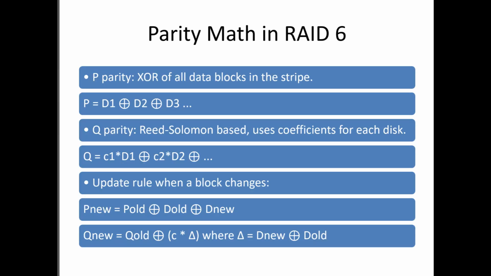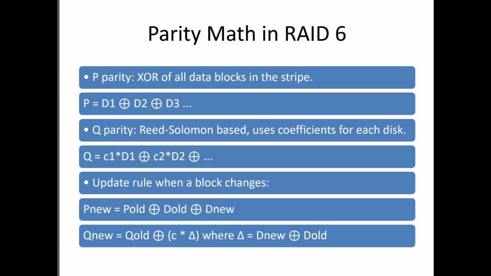So how is P calculated? P is computed as D1 XOR D2 XOR D3 up to Dn, where D represents data blocks on different disks. How is Q calculated? To calculate Q, we just multiply the data blocks with some constant values before taking the XOR. So Q is C1 D1 XOR C2 D2 XOR C3 D3 up to Cn Dn, where Ci is a constant multiplier.